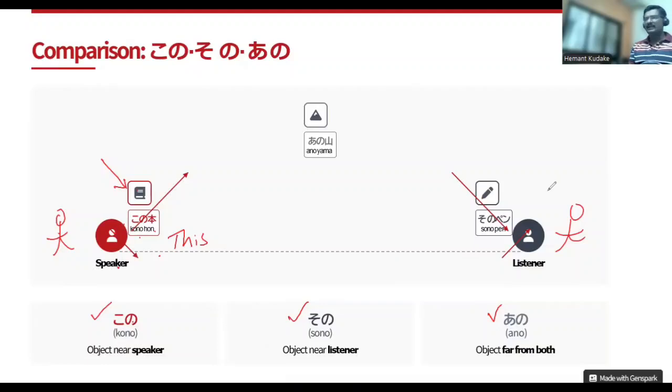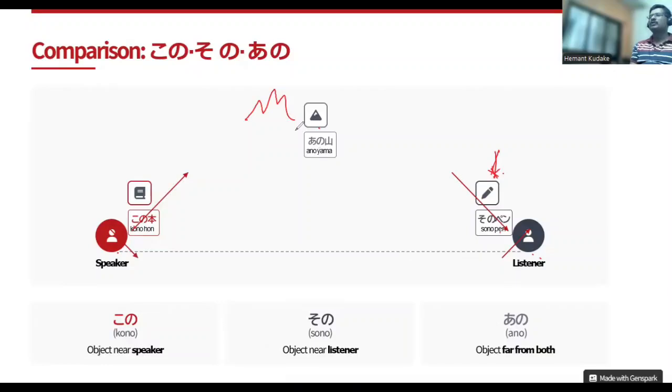The second object, this pen, is near to the listener, so the speaker will say sono pen, meaning that pen. And suppose this is a mountain, away from the speaker and listener. In that case they say ano yama, that mountain. Ano is used because it is away from both the speaker and listener.